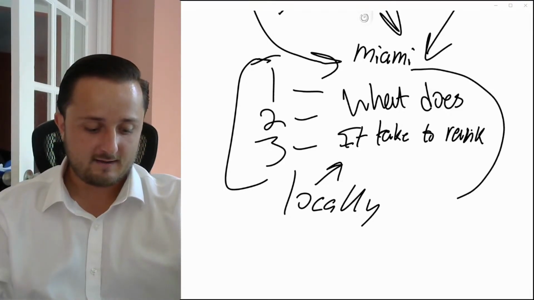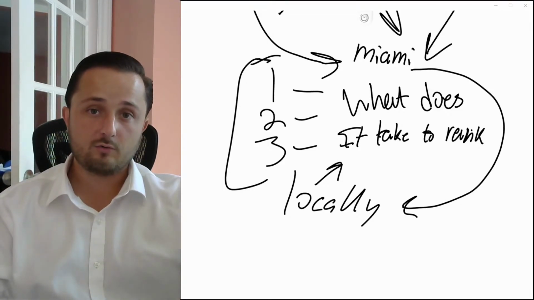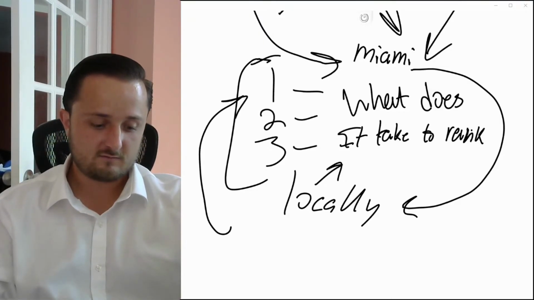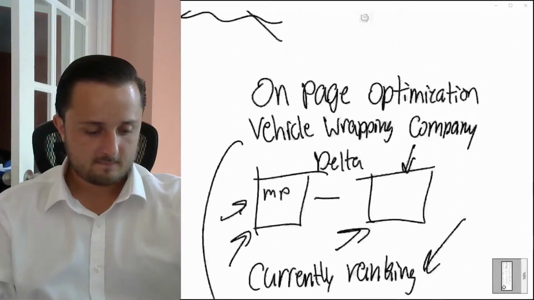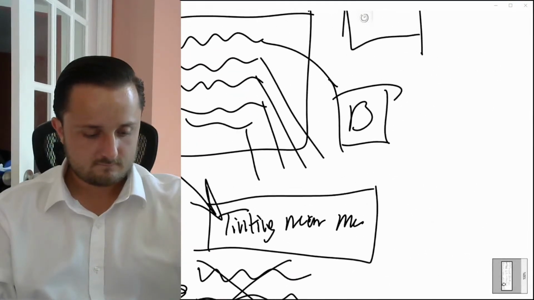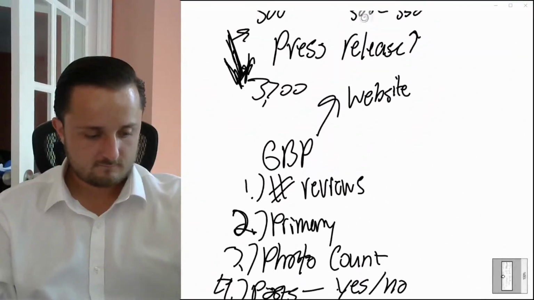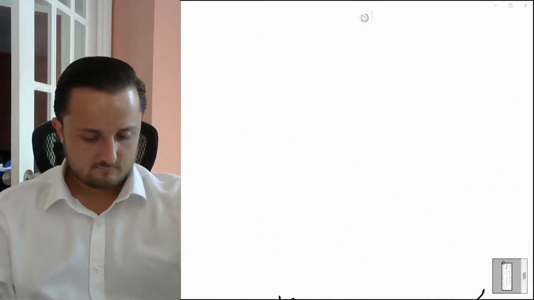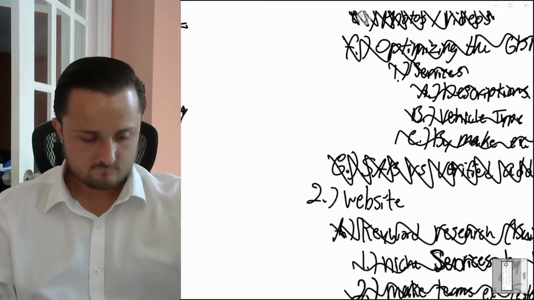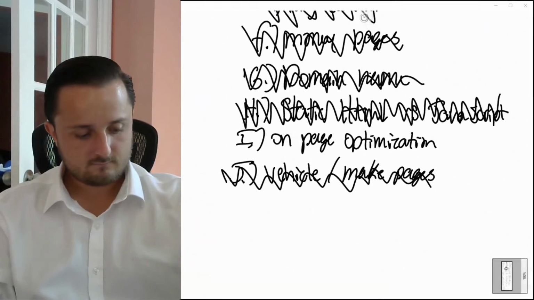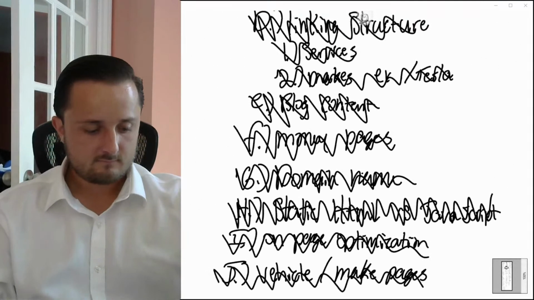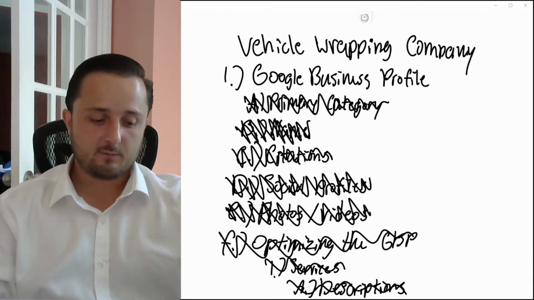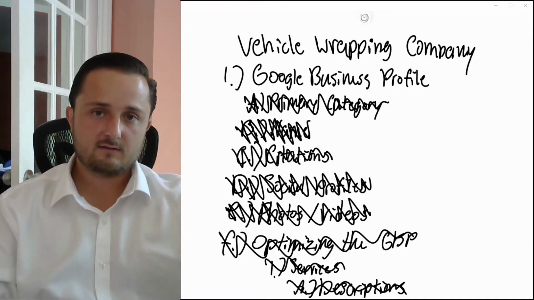Then we can take from Miami as well, and get those ranking factors to start placing our site in that first position. And so that is how I would rank a vehicle wrapping company.